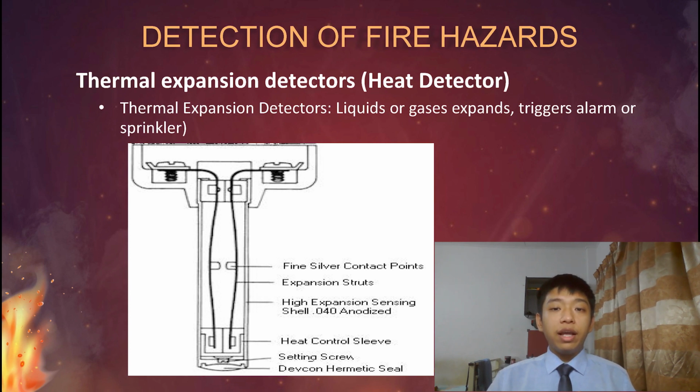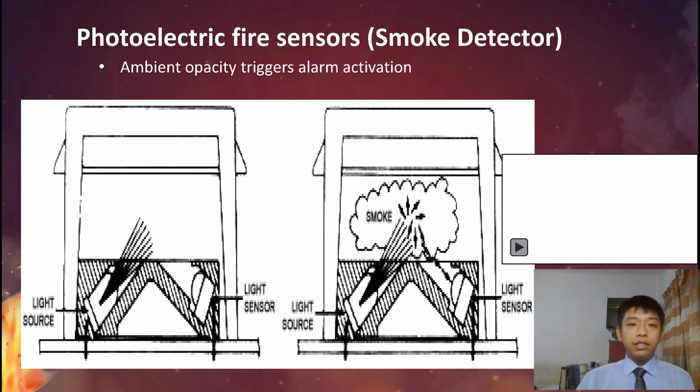When the surrounding air temperature goes below the rated temperature level, the shell contracts which forces the contacts to open, which automatically resets the detector. The second is the photoelectric fire sensor smoke detector. Photoelectric smoke alarms are generally more responsive to fires that begin with a long period of smoldering, called smoldering fires.